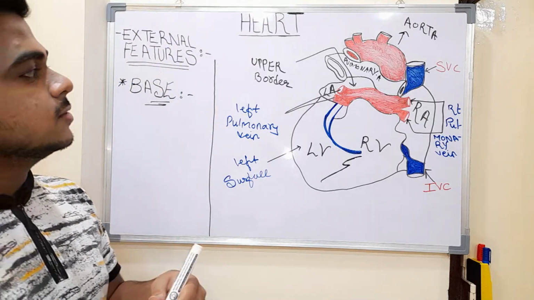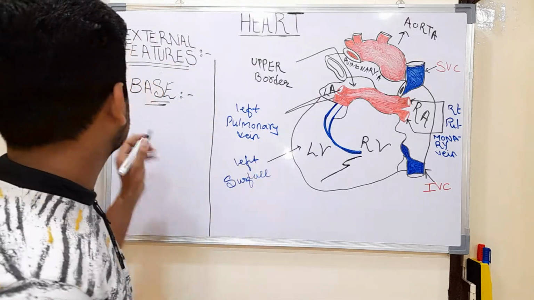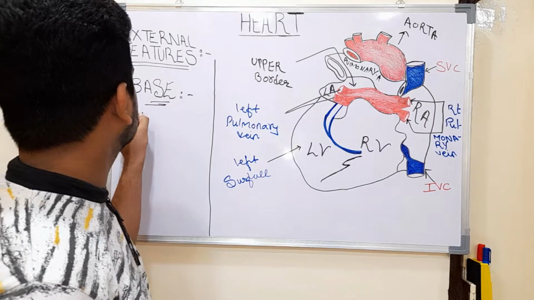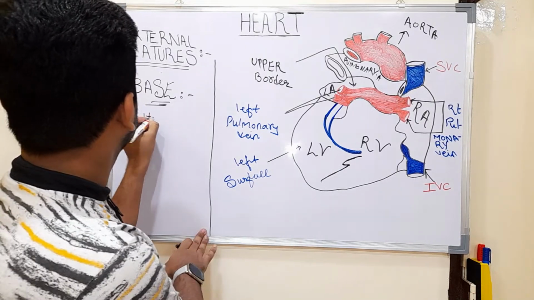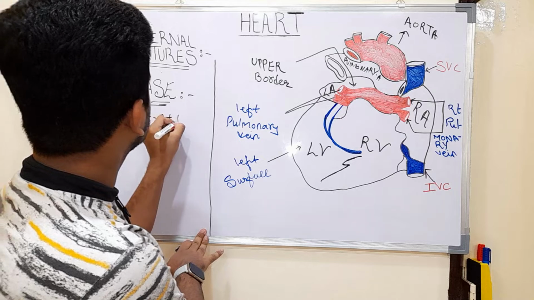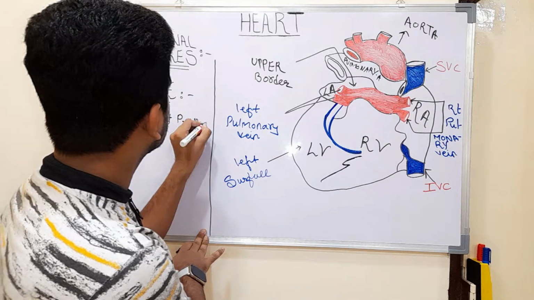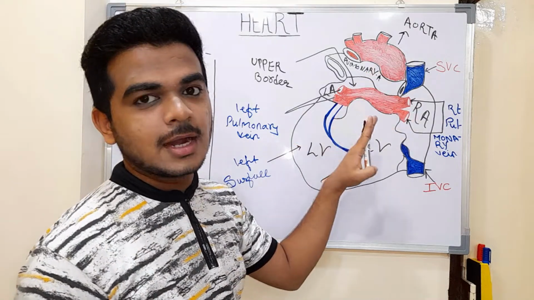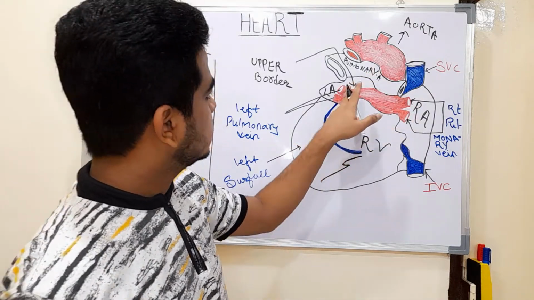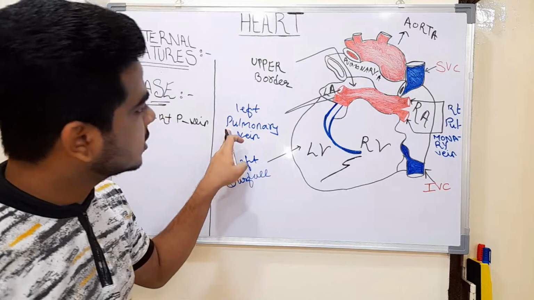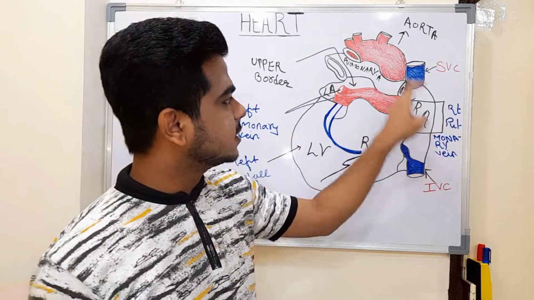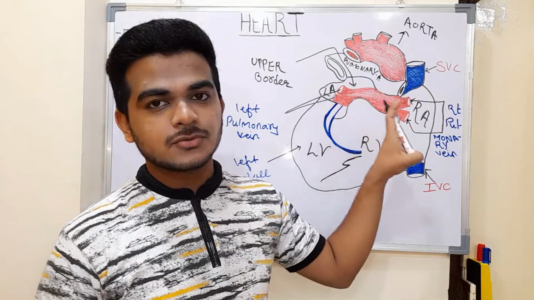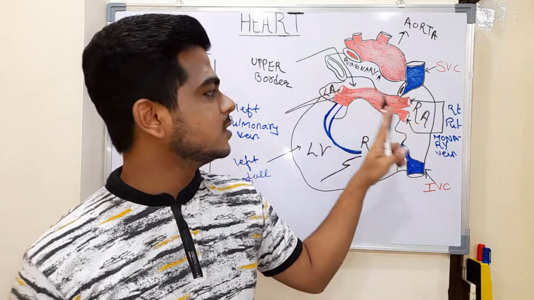In point first, you can write there are left and right pulmonary veins. Just pay attention here. In the posterior view of the heart, two left pulmonary veins and two right pulmonary veins form the base of the heart. That is point first.